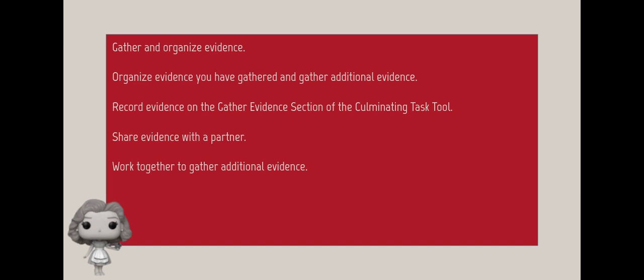Remember that you need to gather and organize as much evidence as you can, as you will use this evidence in your work. Remember that you will need to address counterclaims and evidence which supports those counterclaims. You will have 10 minutes to complete this activity.